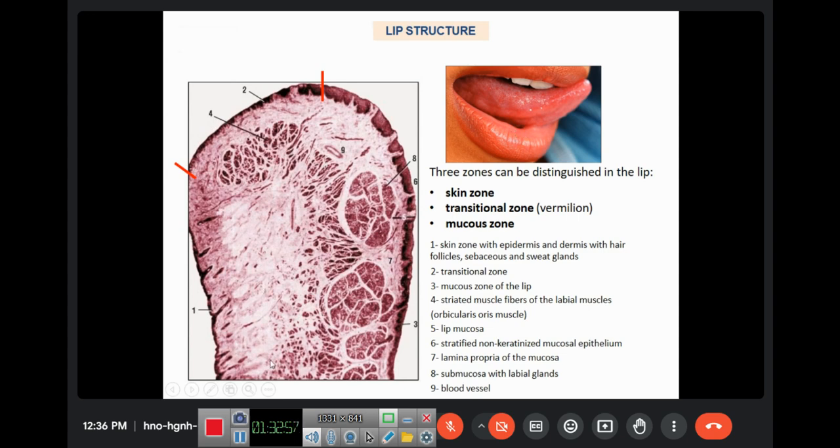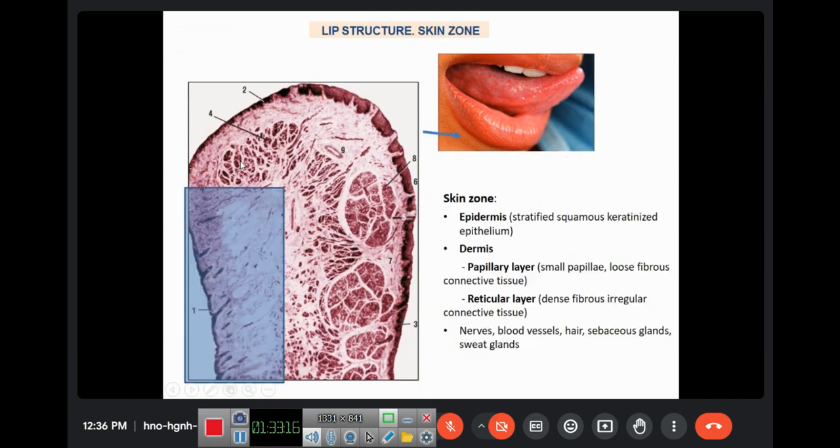In the center, in the core of the lip, we have the skeletal muscles. This muscle is called orbicularis oris muscle. So here we see the bundles of cross-sected muscle fibers. Now, skin zone. This part contains epidermis, which is stratified squamous keratinized epithelium, and dermis.